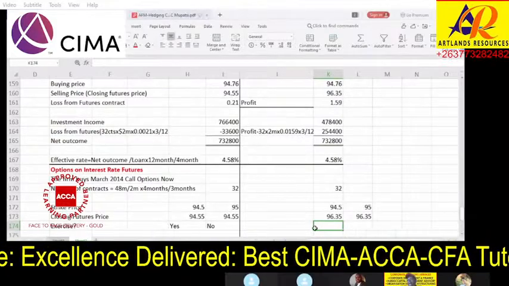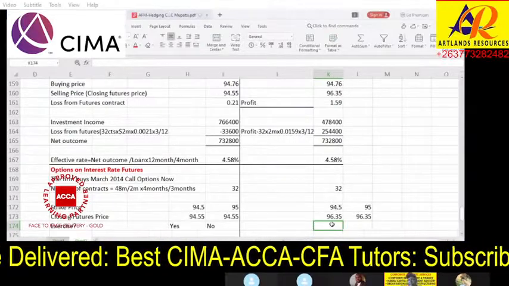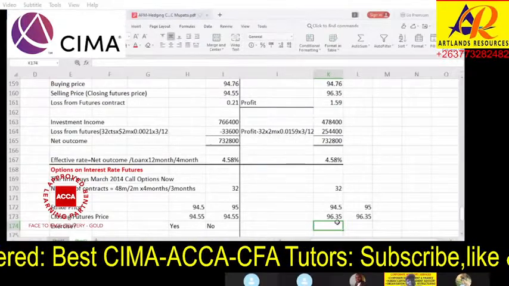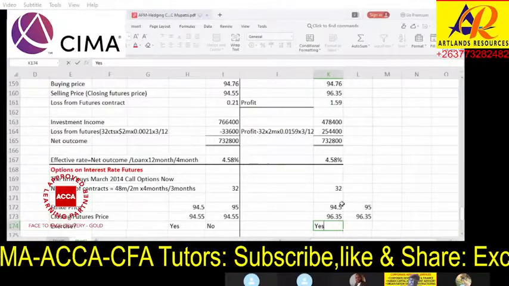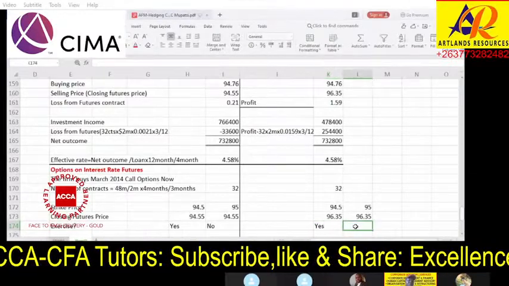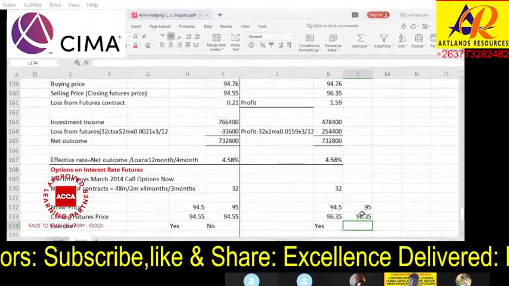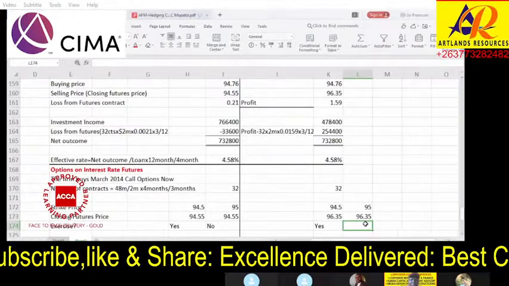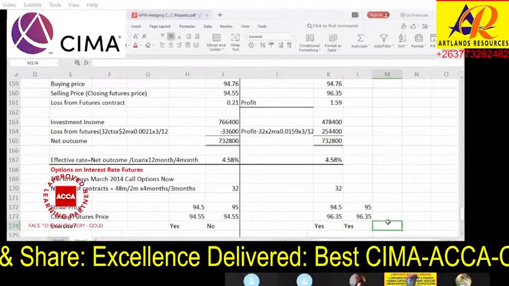But here we are lenders, so we buy. Can I buy at 94.5 or 96.35? I would buy at 94.5. If I use the option price, I am said to have exercised it. Can I buy at 95 or buy at 96.35? Still, I buy at the option because it's cheaper.